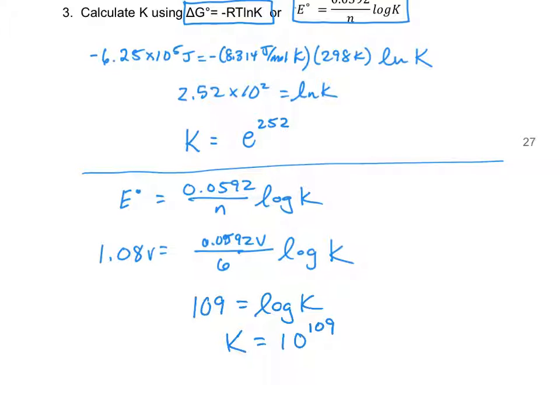Do we get the same answer? You should, right?